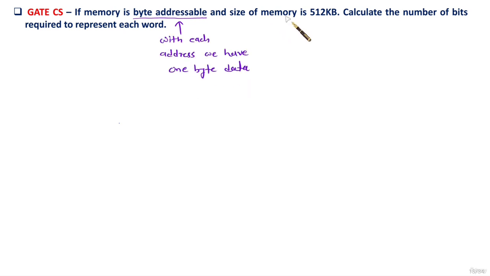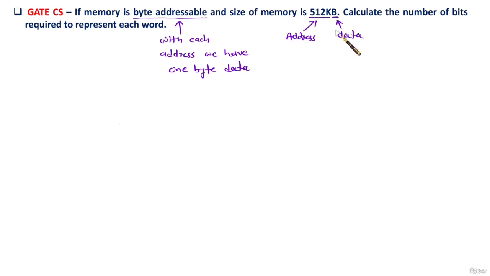And here the size of memory is 512 KB. Here also you need to understand the meaning: 512K explains the number of addresses, and this B explains how much data is there with a single address.